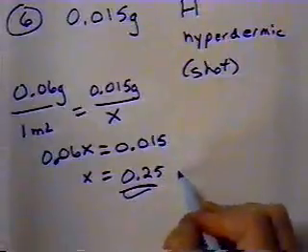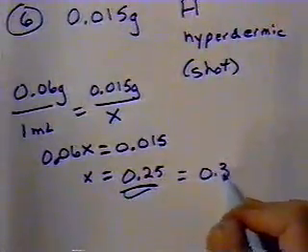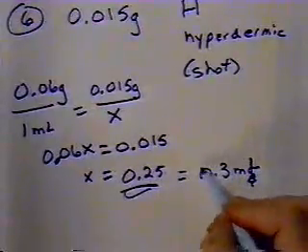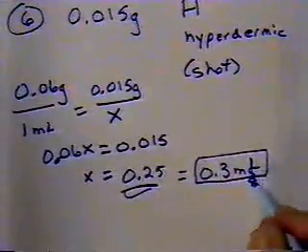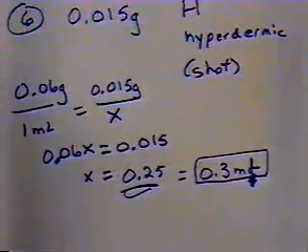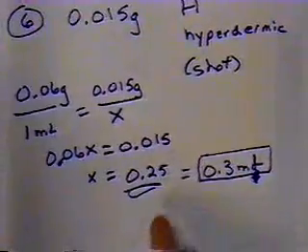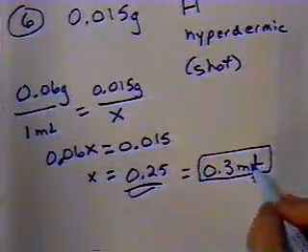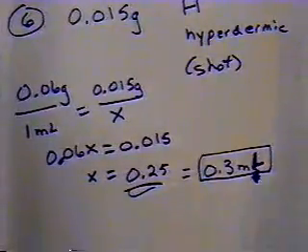If we're going to round it to the nearest tenth, whoops, mils. We always put milliliters to the nearest tenth. If it's 5 or more, we round up to go to the nearest tenth, and that is mL there.